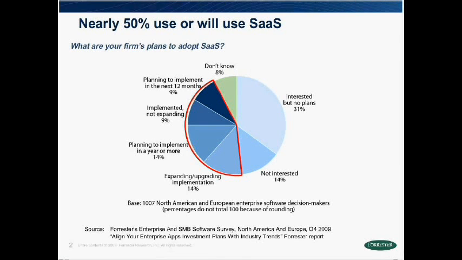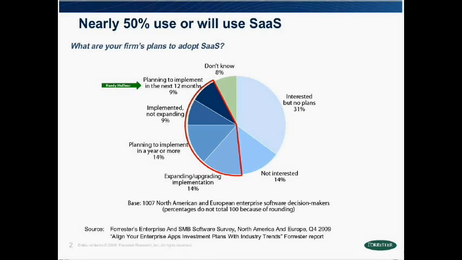But like all cloud, there's lots of interest in software as a service, and some are actually getting started with it. So, out of this chart, the ones that aren't interested or don't know, there's 14% here, 8% up there, but the vast majority are at least interested, even if they have no plans. But we've got a leading group that's either implemented and holding where they are, or expanding and upgrading their current implementation, and some that'll be moving towards SaaS in the next year.